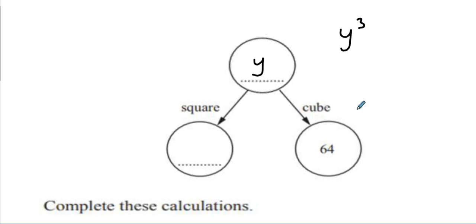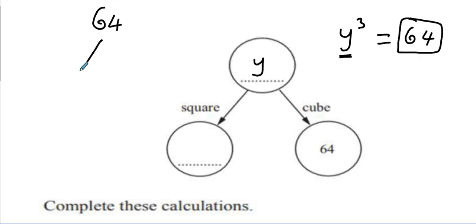Y cube equals 64. What is the value of y? So what we do, we take 64 and do a factor tree for that, and find a number which, when multiplied by itself 3 times, will give you 64.